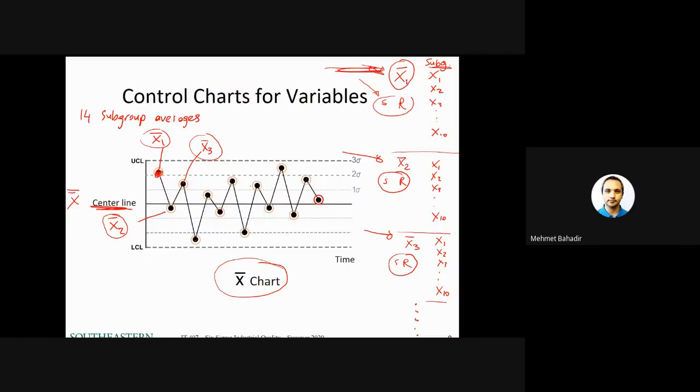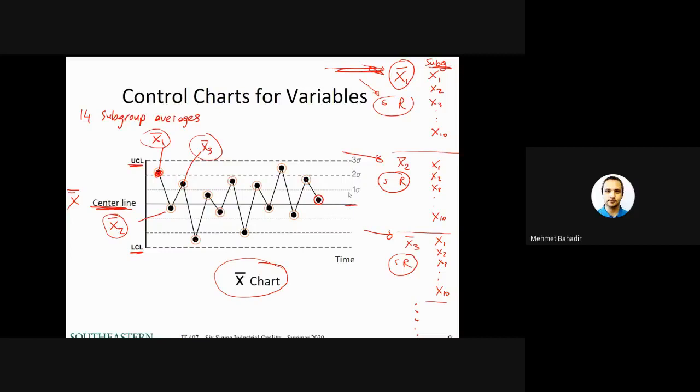So the center line is the most important line here. The next most important lines are the upper control limit and lower control limit. Upper and lower control limits are 3 sigma plus and 3 sigma minus points from your center line.